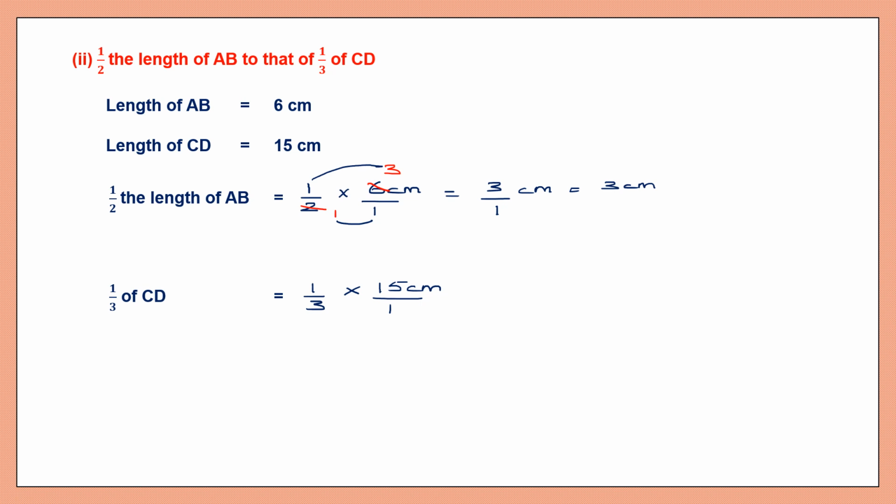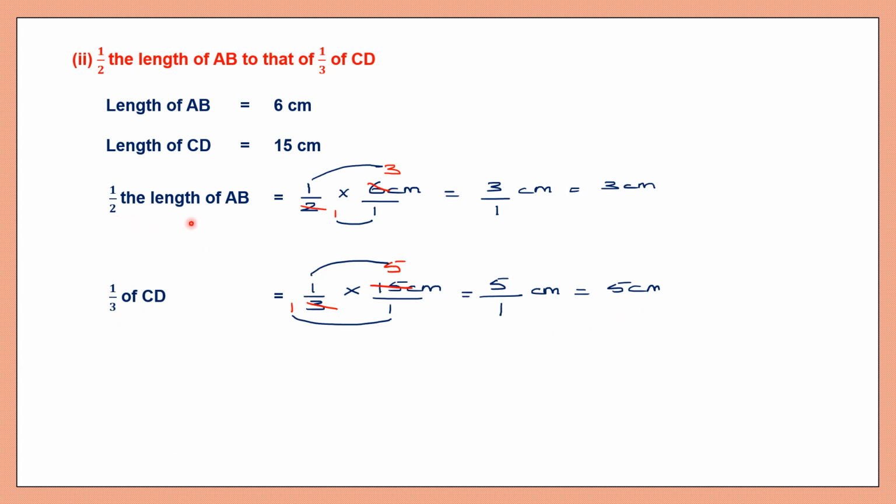We can cancel 3 and 15. 3 1s are 3 and 3 5s are 15. So now let's multiply the numerators. 1 into 5 is 5 and in the denominator we have 1 into 1 that is 1. So 5 by 1 centimeters which is 5 centimeters. So now we have found 1/3 of CD that is 5 centimeters.